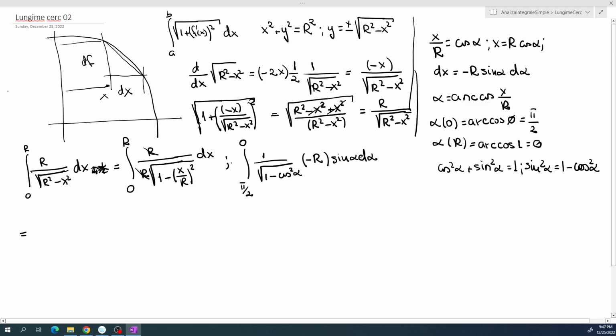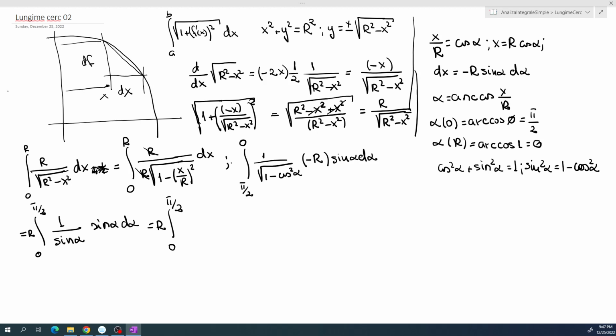Then I have the integral from 0 to pi over 2, and I put r in front, 1 over sine of alpha multiplied by sine of alpha d alpha, equal with r integral from 0 to pi over 2 of d alpha.